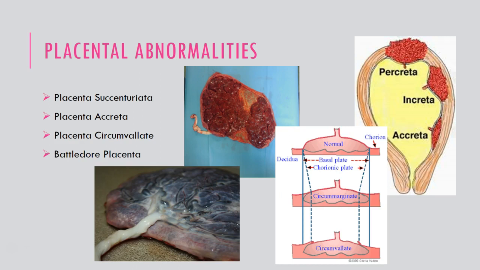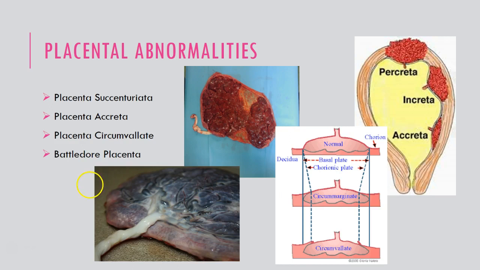There can also be placental abnormalities that cause maternal issues post-delivery. Placenta accreta, there is one called a placenta circumvallate and placenta succenturiata. I'm not even sure that I say that right, but basically what you're looking at are placentas that have implanted themselves abnormally into the uterine lining.